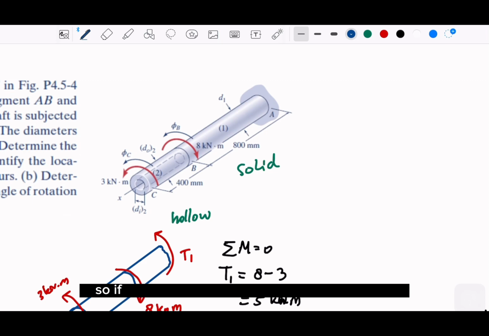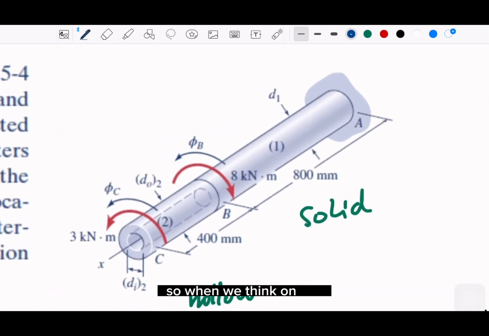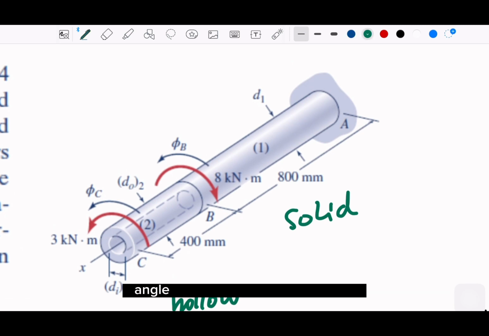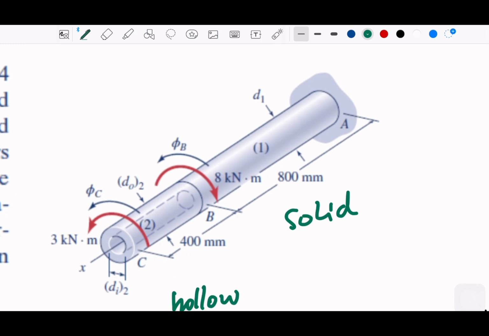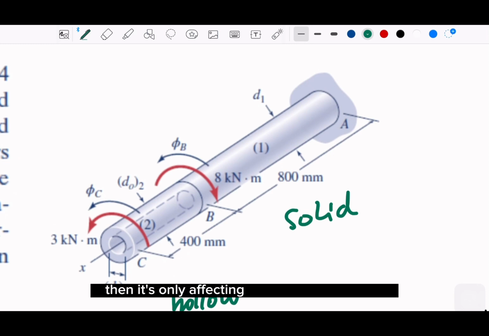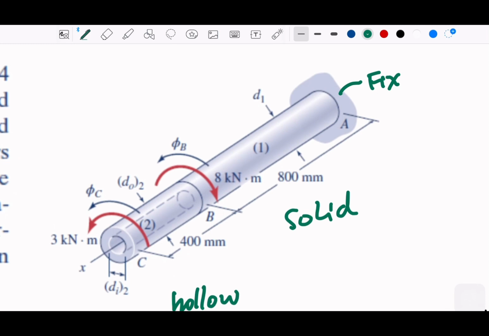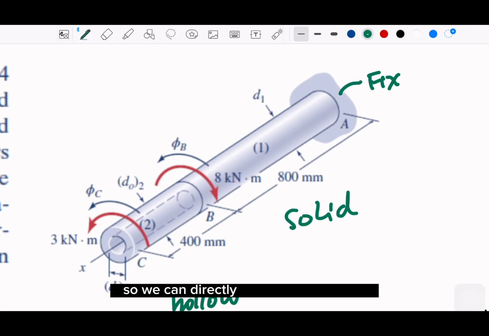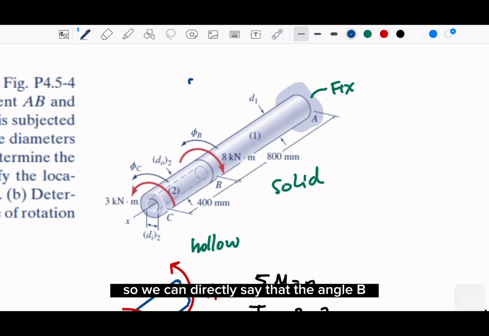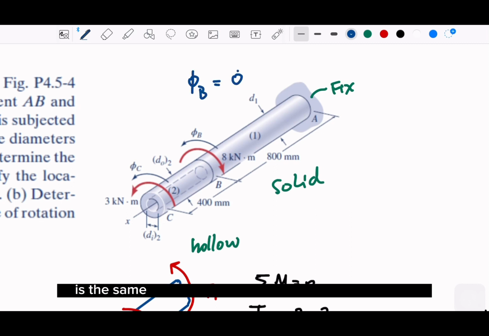If it's mentioned that there are two torques, right? So when we think on this angle for B, then it's only affecting the material one, right? Because the A is fixed, right? So we can directly say that the angle B is the same when you twist the material one also, right?